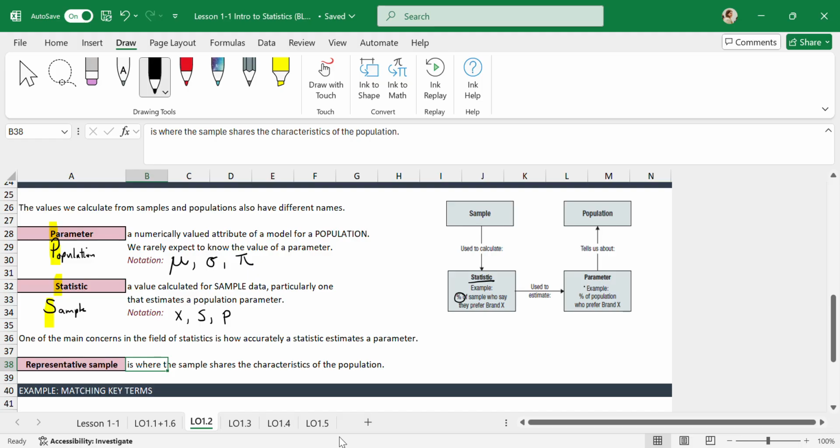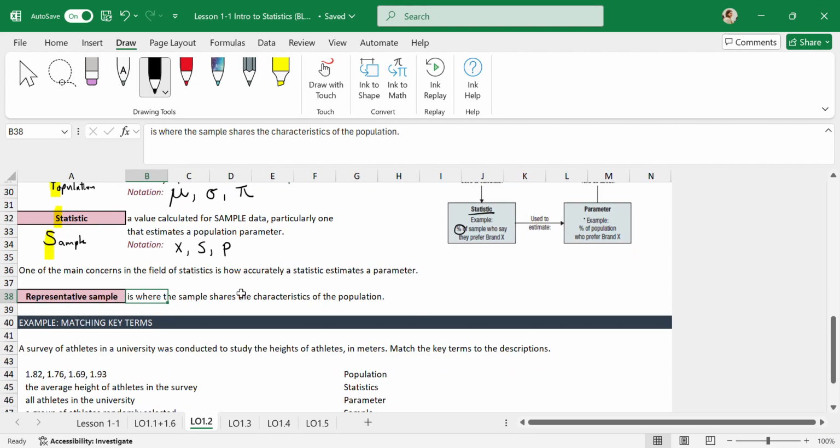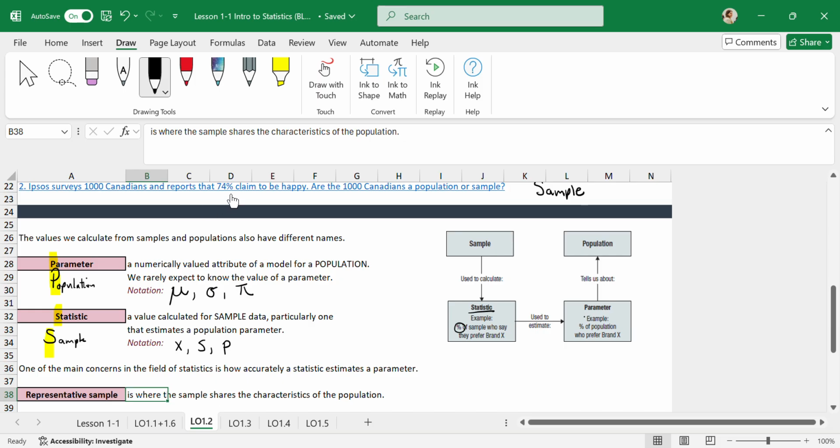In our next part of the lesson, we'll talk about how we can get a representative sample, but for now, you just need to know that representative means that the sample will share the same characteristics as the population, so that this 74%, let's say, from only 1,000 Canadians, would be accurate to the full population of Canada.